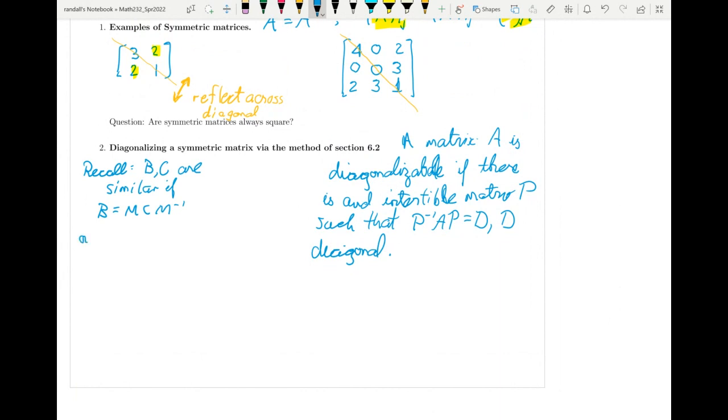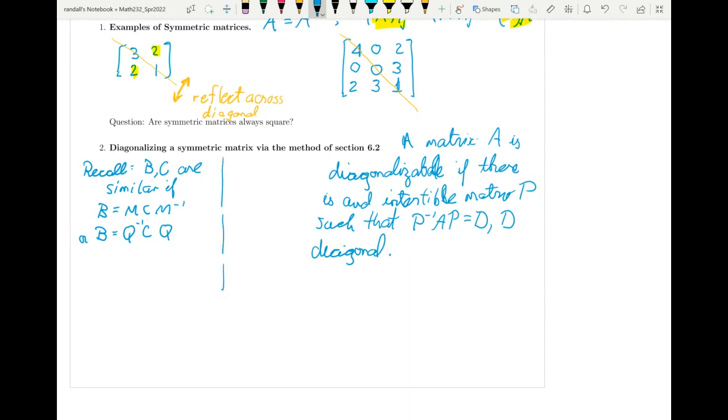I'm just highlighting the slight difference between the notion of similarity and diagonalizable, which is a particular kind of similarity. All we mean by B and C being similar is that there is an invertible matrix such that I can write this expression either way. It doesn't matter where you put the inverse part of it.